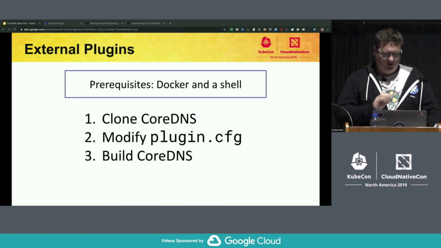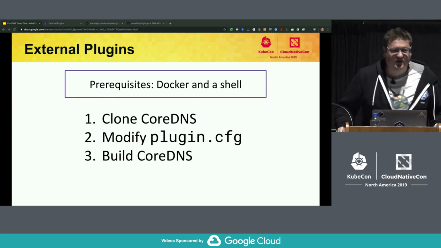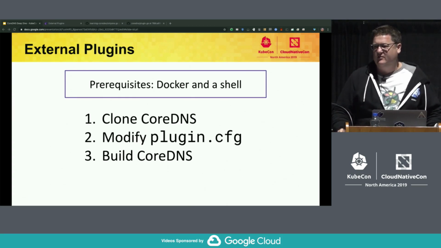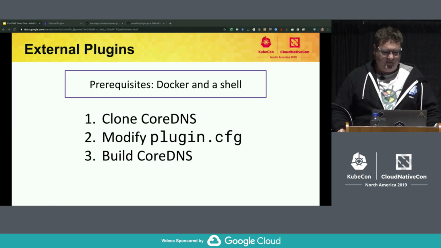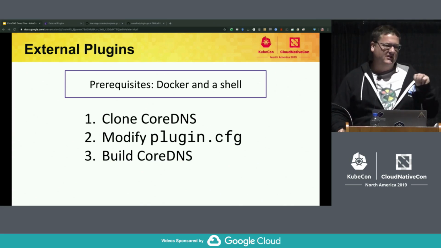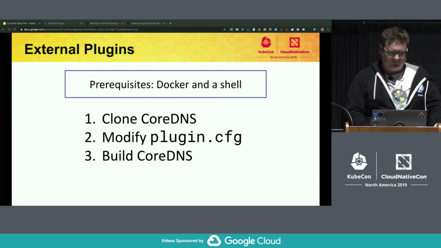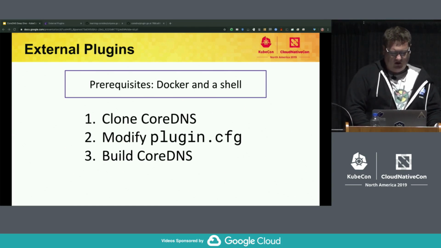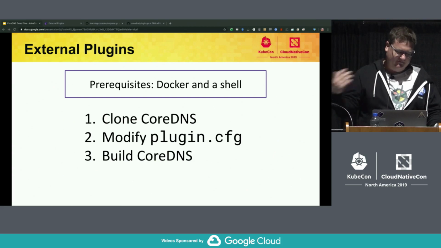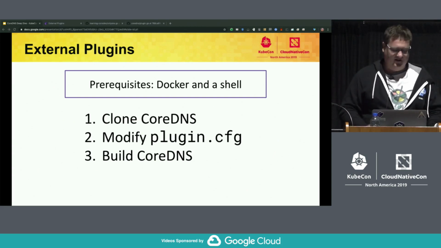So let's actually do this now. Hopefully our network connectivity is good enough that it works. These are the three simple steps you need to do to include a new plugin. First, clone it from GitHub. Second, modify plugin.cfg. Third, build it, and then you're done.